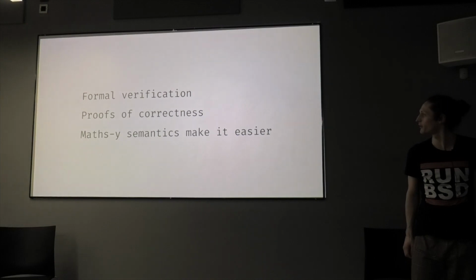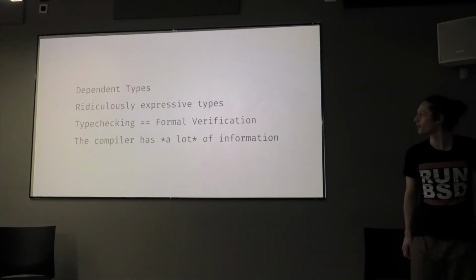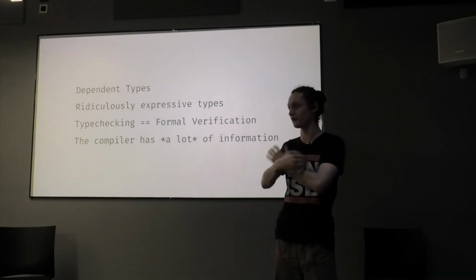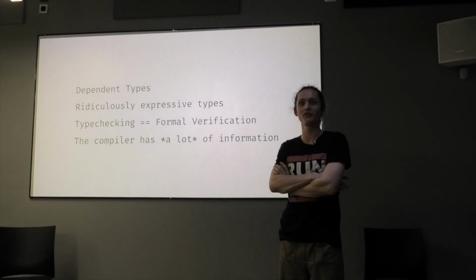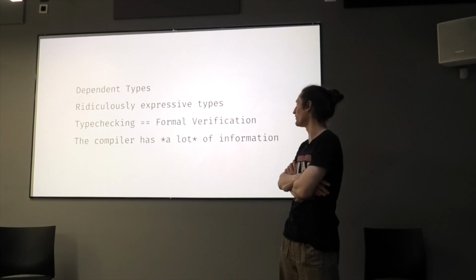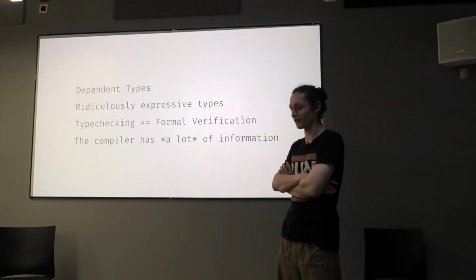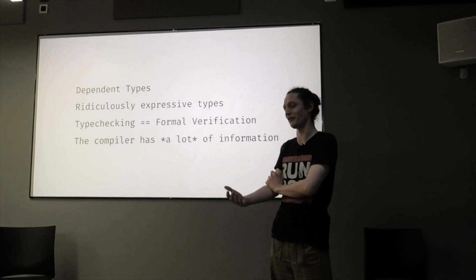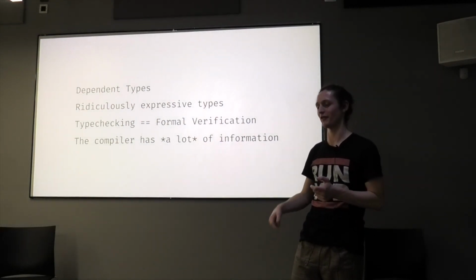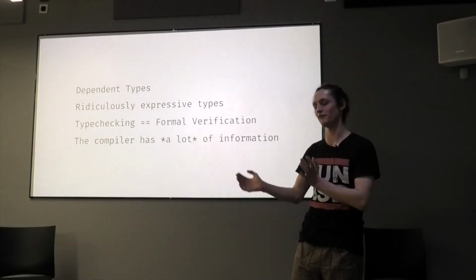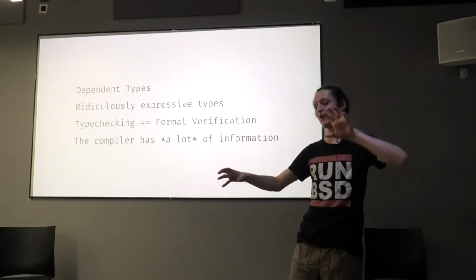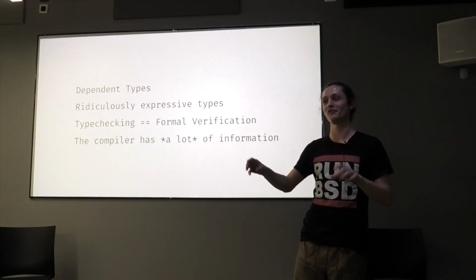So yeah, formal verification. There's a really interesting new area in functional programming languages, which is dependent types. Has anyone heard of dependent types? Dependent types are really cool. In a dependent type system, it's hinging off this fact that there's an equivalence between types and theorems, and programs and proofs, which is super interesting.